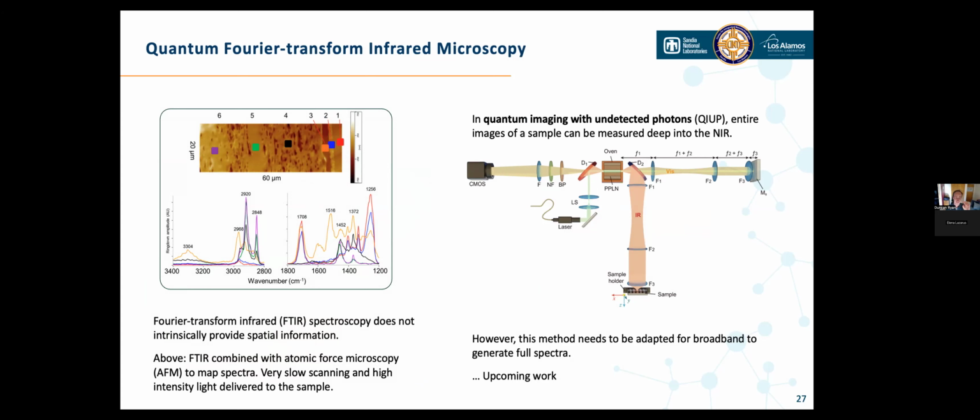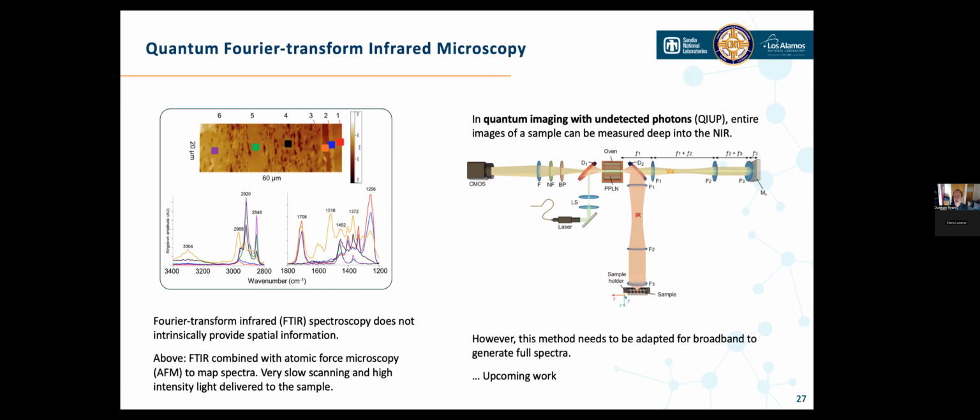If you could envision, this image on the left is material science. I'm not sure what the sample was; I grabbed it from the paper. What they did is essentially FTIR using an AFM probe. They get spatial information and very good spectral information, but they have to sit there and move to different locations.